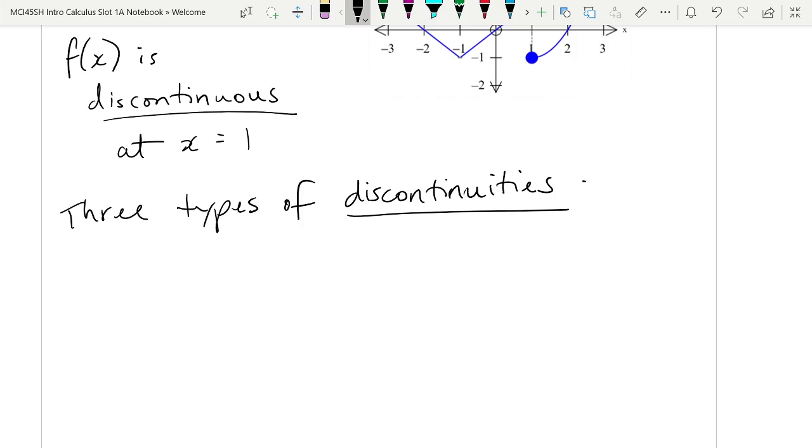So the 3 types of discontinuities are removable, jump, and infinite.